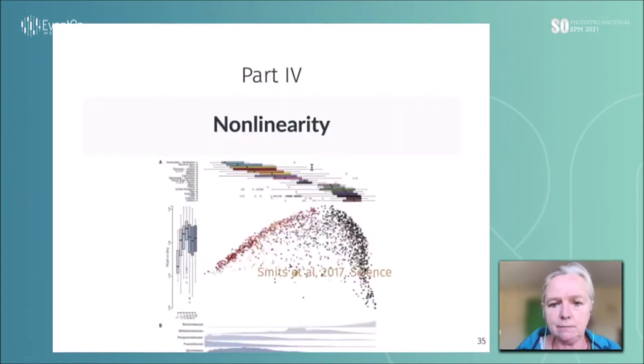Now I'm going to switch a little bit, because although I use a lot of ordination methods, nonlinearity is actually the norm in the data that we see. And this is a data set that I'm representing, which is the gut microbiome of many, many samples across the world, in which we took different peoples from different countries.